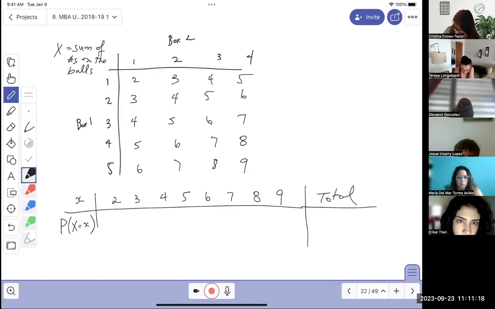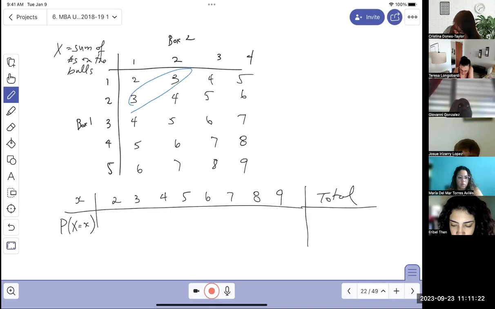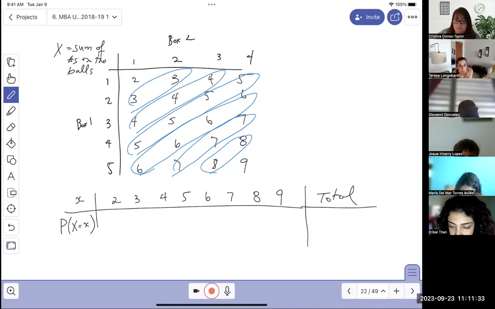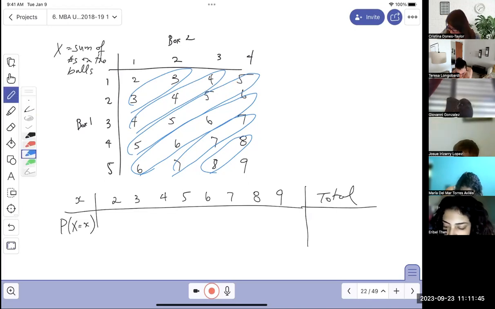So we need to calculate every cell had a 1 in 20 chance, but now 2 of them can be 3, 3 of them can be 4, 4 of them can be 5. So how does that change things?